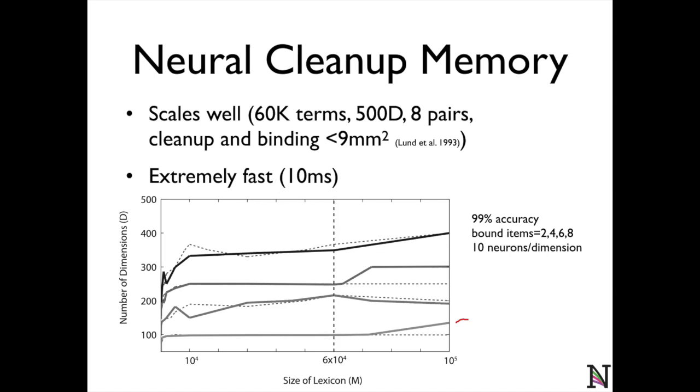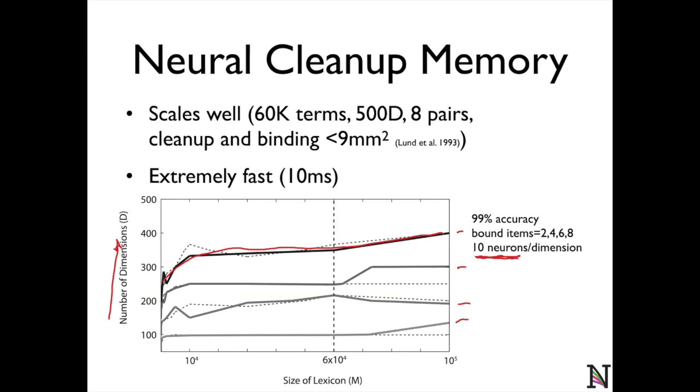So this is 2, 4, 6, and 8 bound pairs added together. The number of dimensions in the vector representation is on this side. And we're implementing all of this in neurons, so the number of neurons per dimension is just set and remains constant at 10. And then the line that we're plotting is showing 99% accuracy.